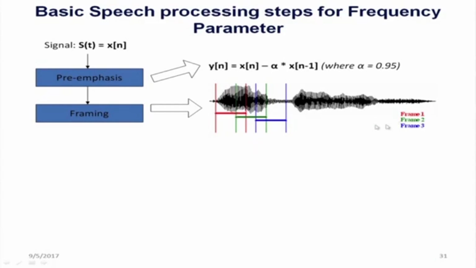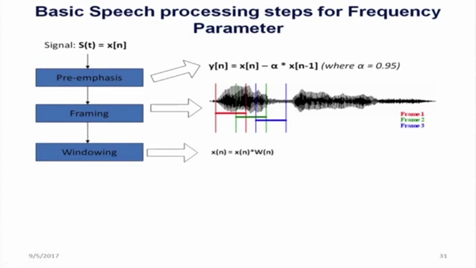So for each window, I get frame 1, frame 2, frame 3, and each frame is passed through a window. At first I am just framing the signal, not windowing. After I cut red to red, I multiply by w(n), and after I cut green to green, I multiply with w(n), which is the window signal.